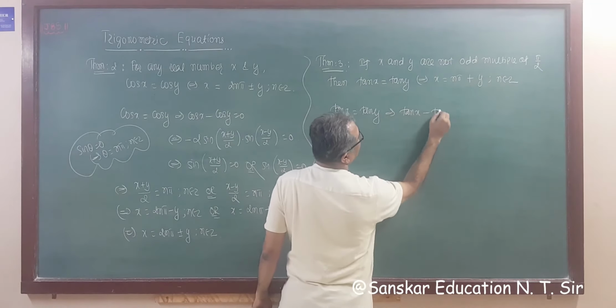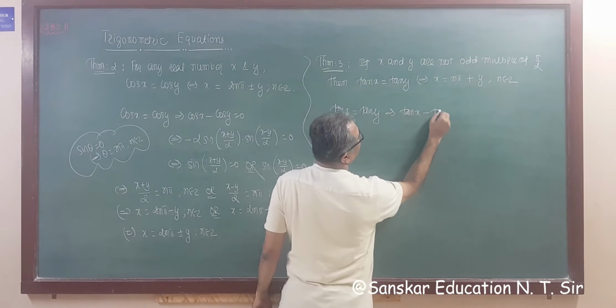So converting this into sine and cos, what we get? sin x upon cos x minus sin y upon cos y is equal to 0. So cross multiplying, we get sin x cos y minus cos x sin y is equal to 0, because cos x is not equal to 0 as well as cos y is not equal to 0.